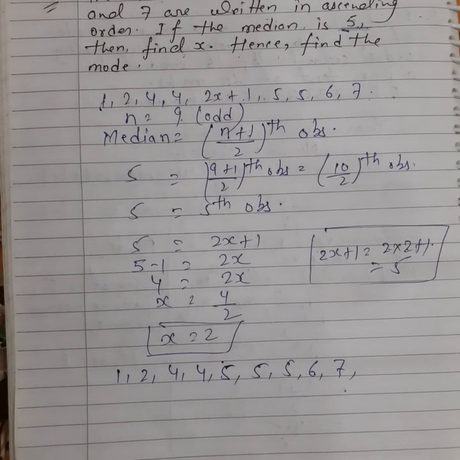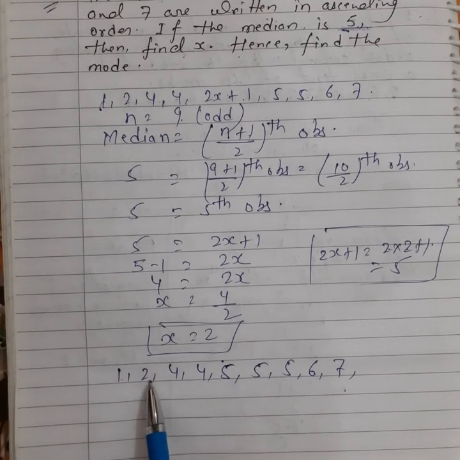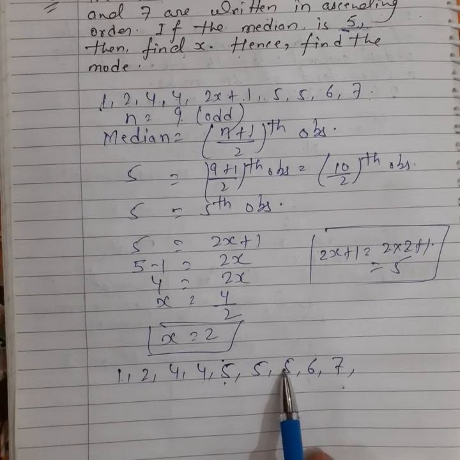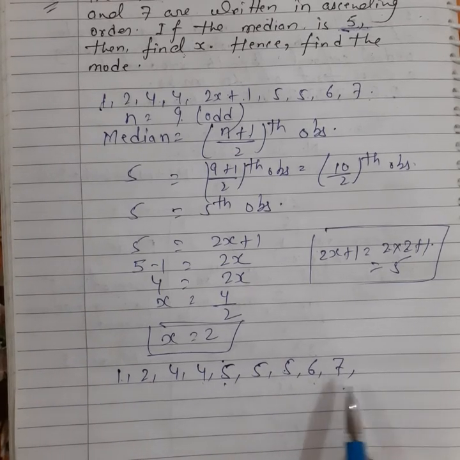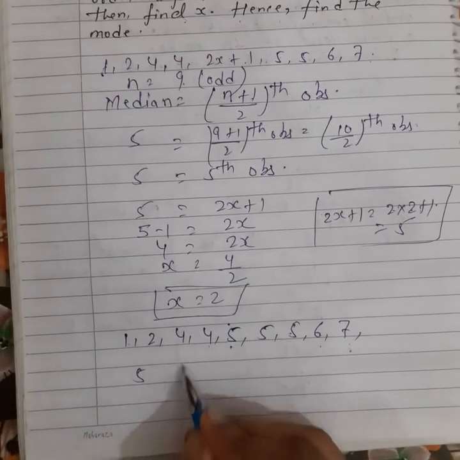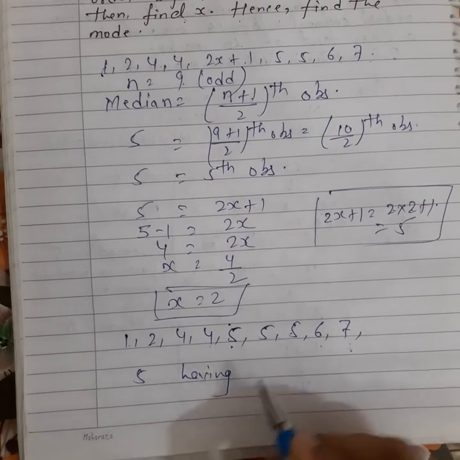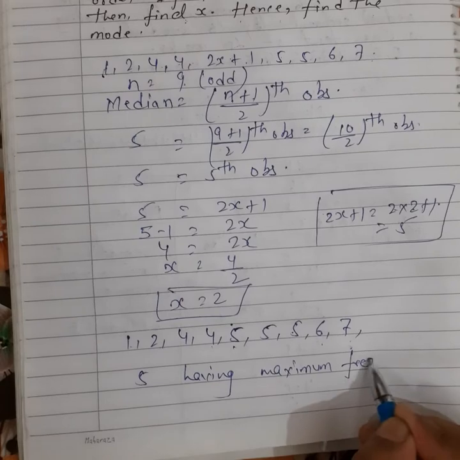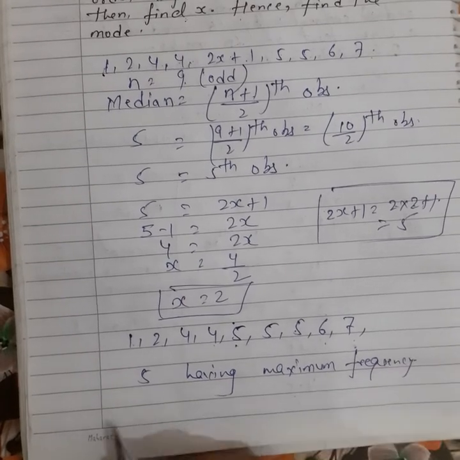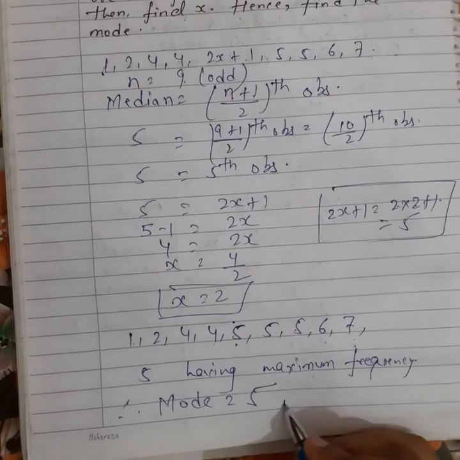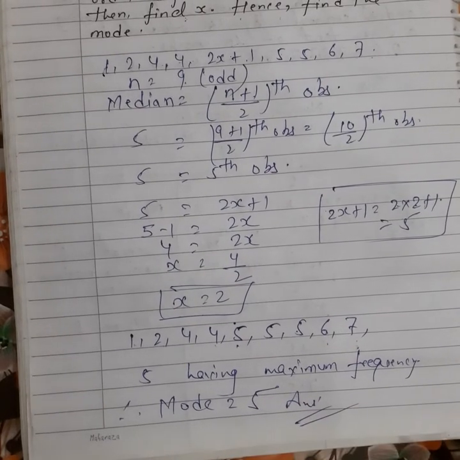Mode is the observation which occurs most of the time. Here 1 occurs 1 time, 2 occurs 1 time, 4 occurs 2 times, 5 occurs 3 times, 6 occurs 1 time and 7 occurs 1 time. So 5 has maximum frequency, therefore mode of the given data is equal to 5. 5 is the answer.